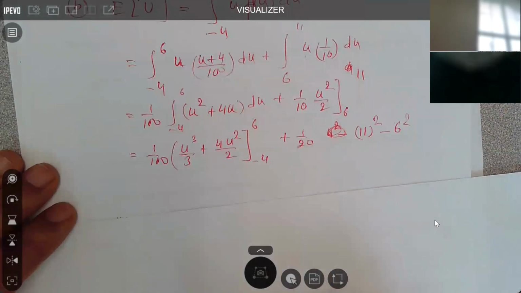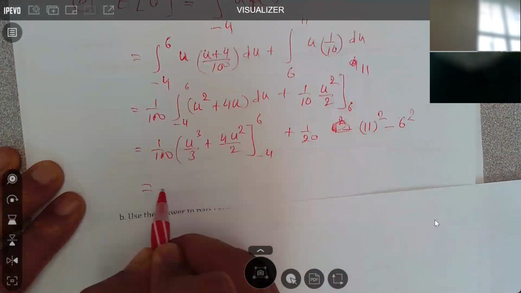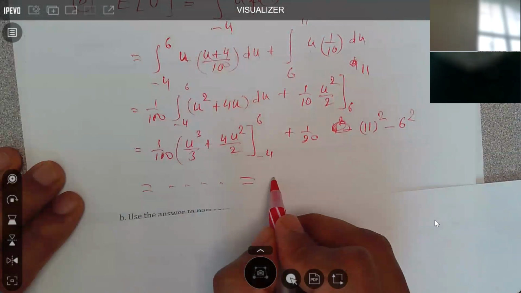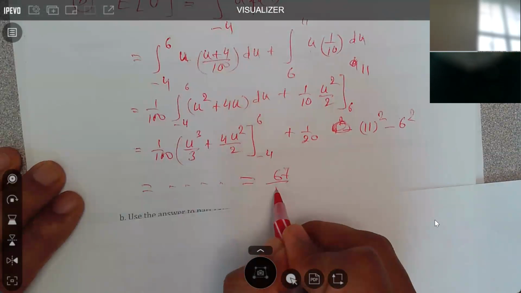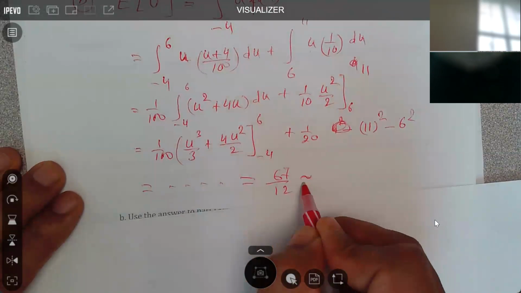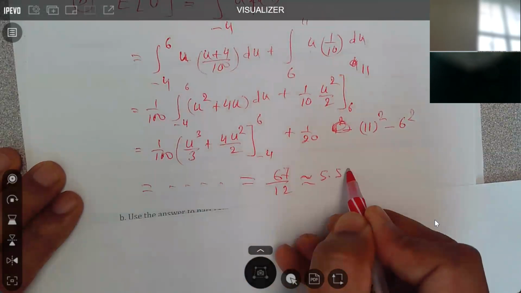If you do that, you will get the answer. So this is equal to 67.21, so approximately 5.53.